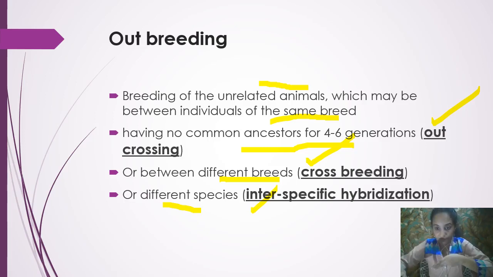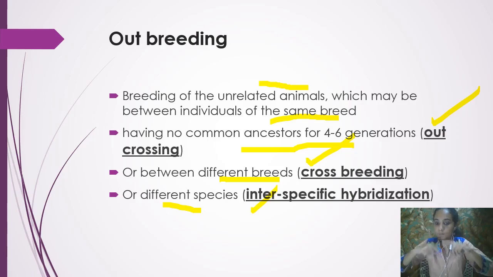Crossbreeding is different breeds. Interspecific hybridization means between different species, one species with another species. So outbreeding is divided into outcrossing, crossbreeding, and interspecific hybridization.